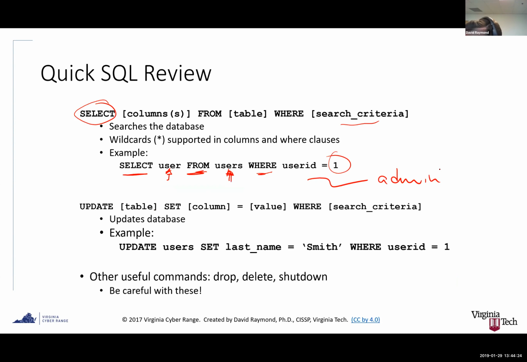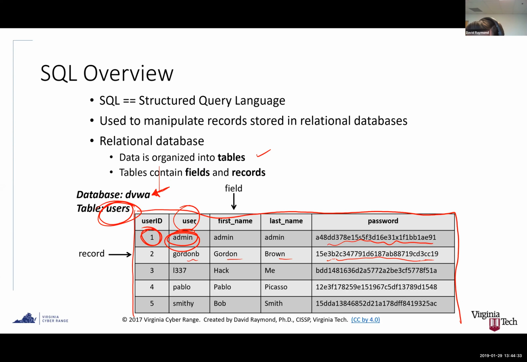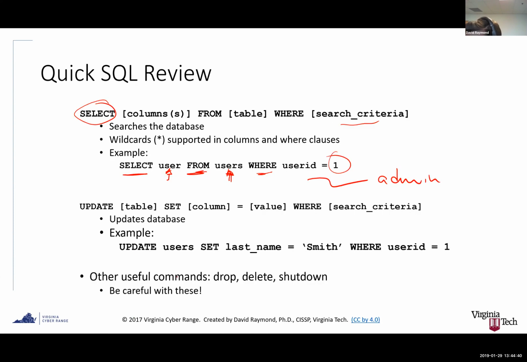If you were to say select user from users where user ID equals 4, in that case you're going to get Pablo Picasso. So hopefully you get the idea from that very simple example. Select is used to look up data in a database, and that's probably the most widely used SQL command.